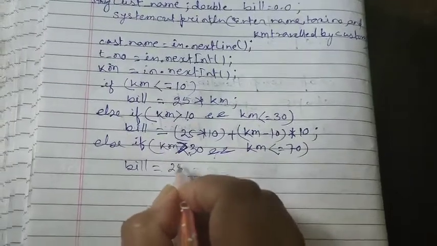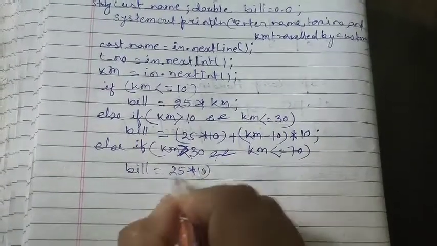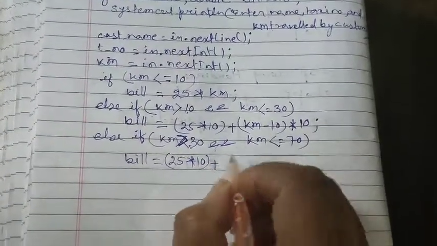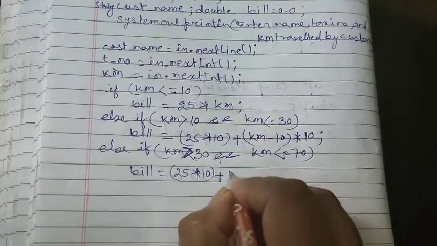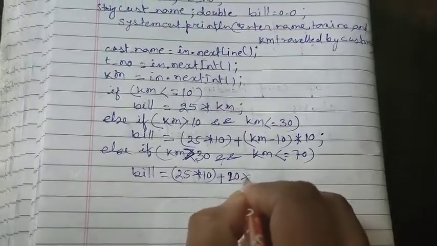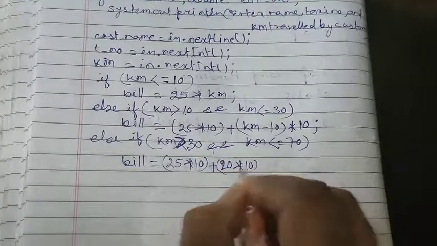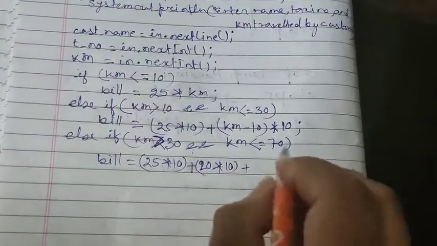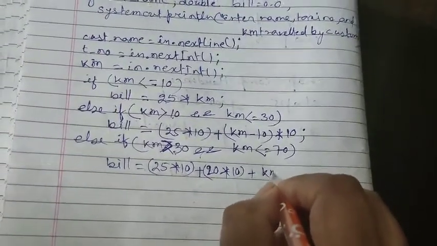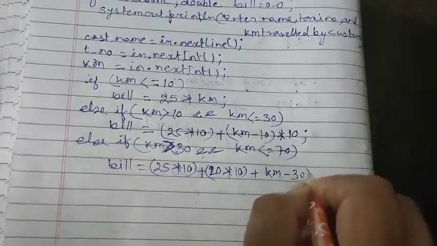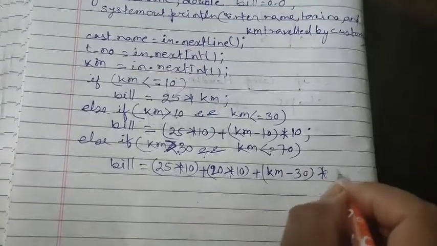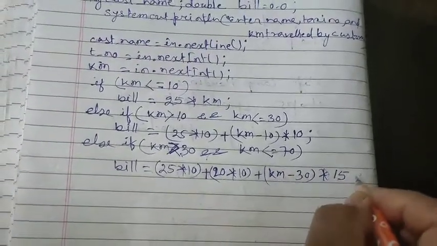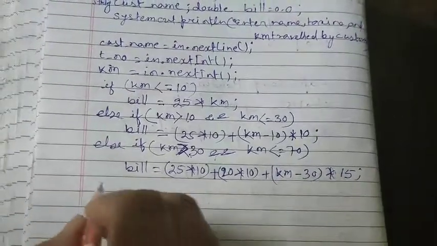For the first 10 kilometers it is 25 rupees per kilometer. Next 20 kilometers it is 10 rupees per kilometer. Then after that how much is left? That means kilometer minus 30 into how much per kilometer? It is 15 rupees per kilometer.